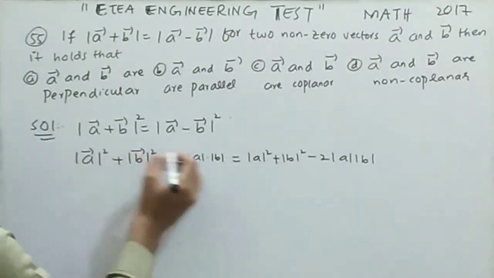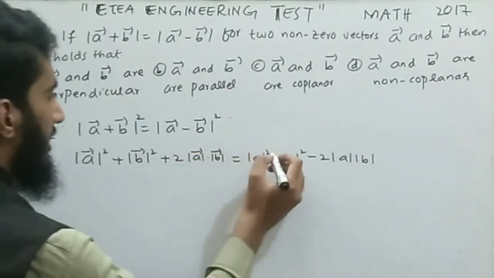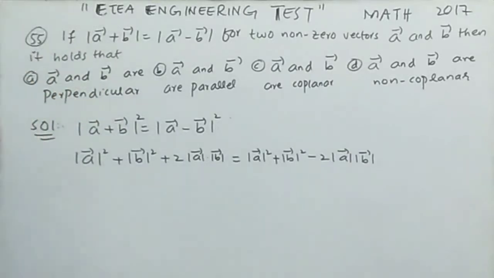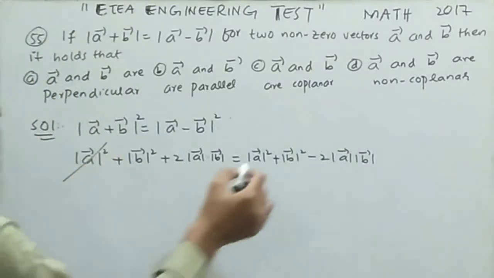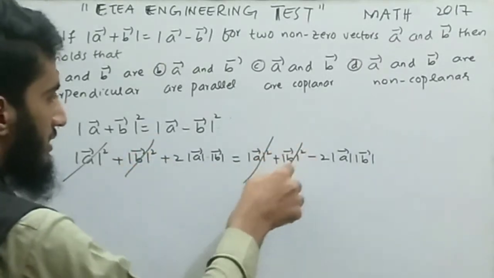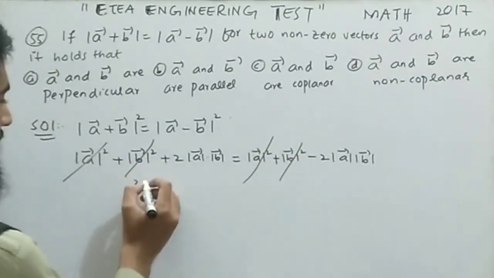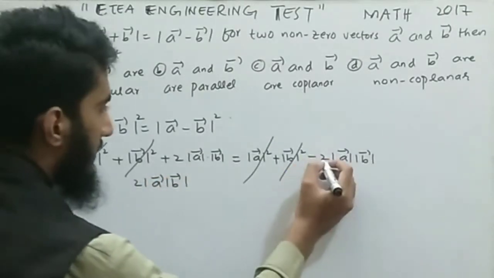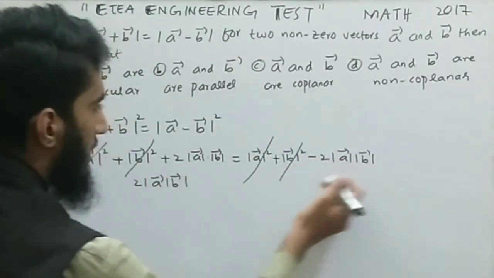And let's suppose these are vectors, so we will draw an arrow above the A and B. Now after this, A square magnitude cancels out with A square magnitude because these are the same, and B square magnitude cancels out with B square magnitude. So we are left with 2 times magnitude of A vector and magnitude of B vector, and shift this minus 2 times A magnitude B magnitude to this side.